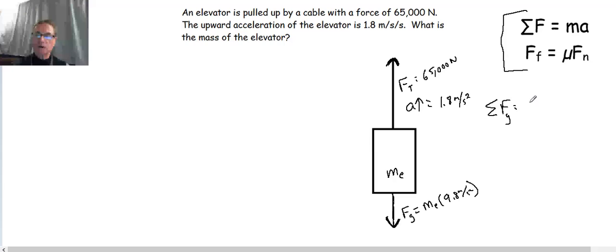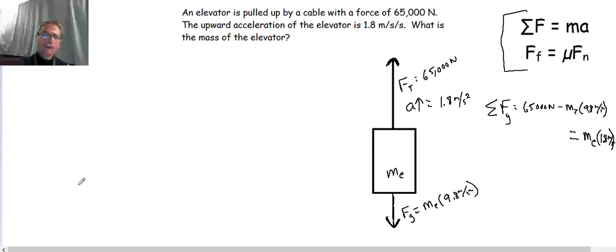The sum of our forces in the y direction is 65,000 newtons minus the force due to gravity, which is me times 9.8 meters per second squared, equal to the mass of the elevator, which is what we're looking for, times the acceleration of the elevator, which is 1.8 meters per second squared. Okay, so there's our equation. Unfortunately, it's kind of smushed over on the right-hand side. I'm going to rewrite it over on the left-hand side.